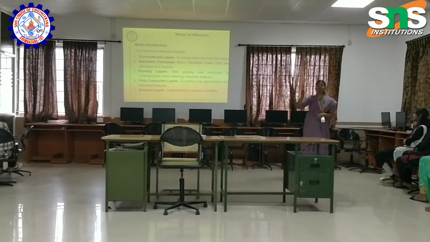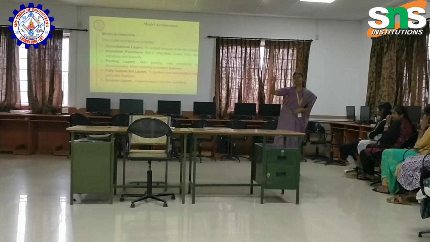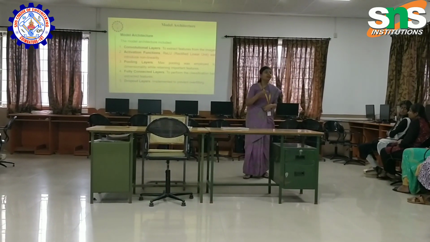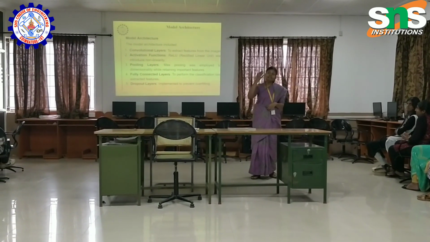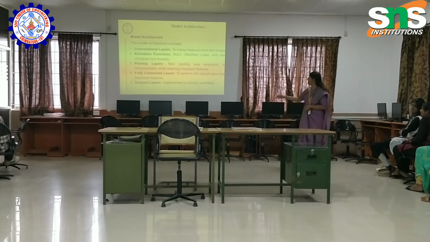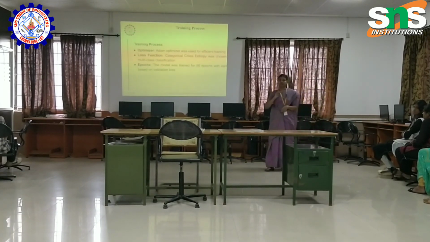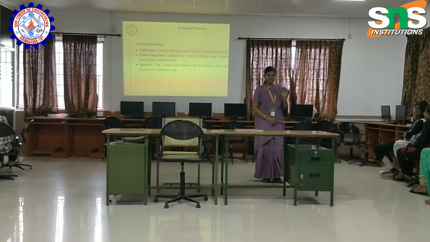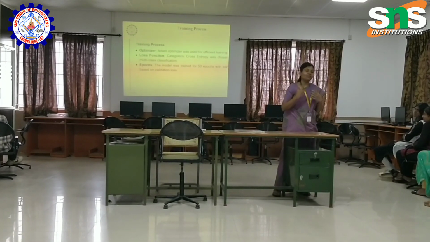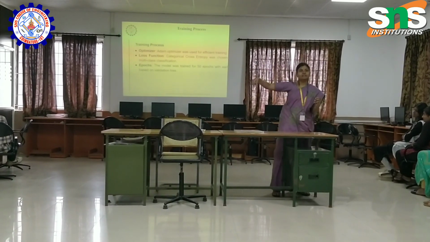So initially we will be giving the input data set. It will have a number of features. We need to reduce the number of features, and the required features have to be given as input to the model. Then dropout layers are implemented to prevent overfitting. So whenever there is a data set, for example, now we are all going and getting our blood checked. There will be many things.